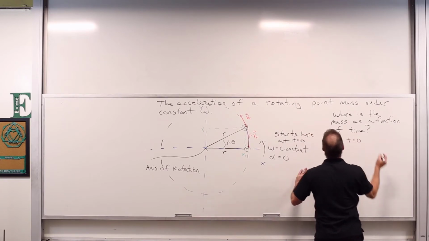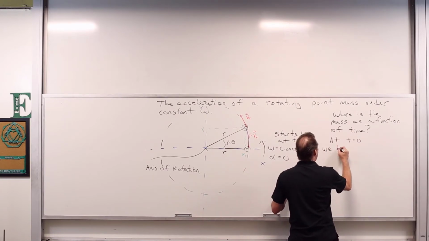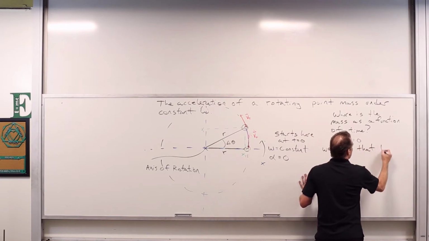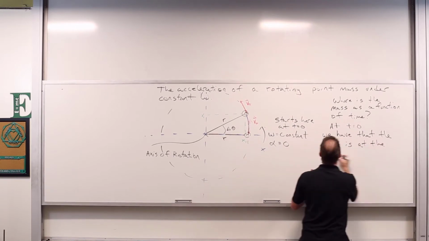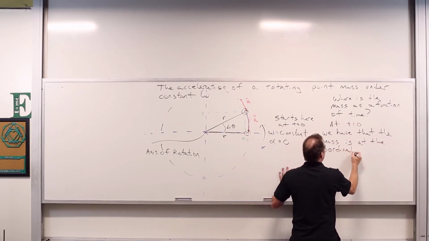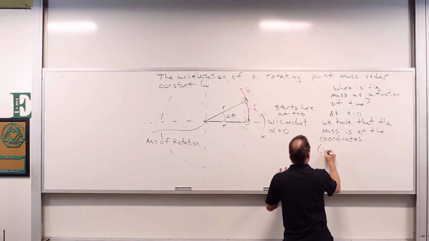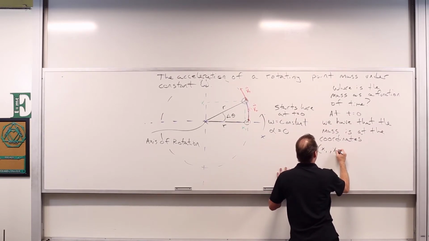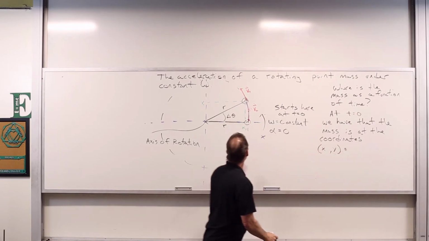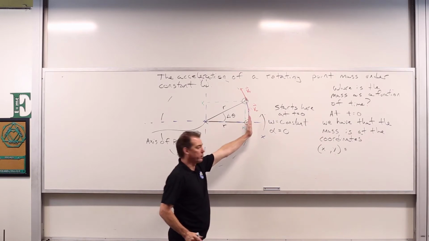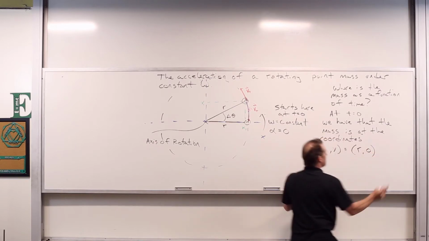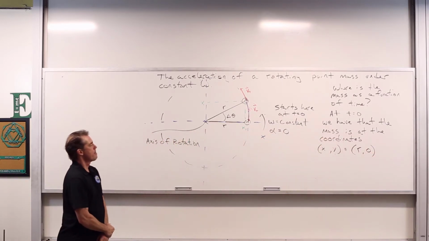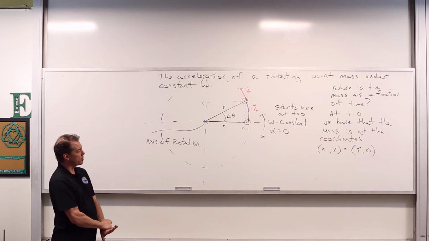At t equals 0, we have that the mass is at the coordinates (x, y), well, x is going to be equal to r, and y is equal to 0. So (r, 0). All right, so that's where it initially is.